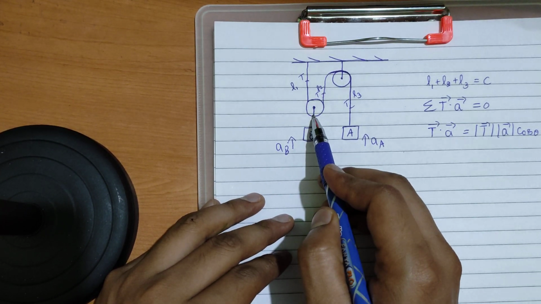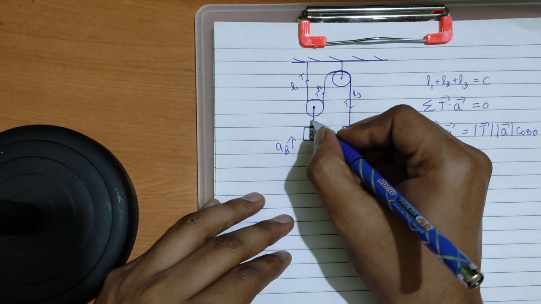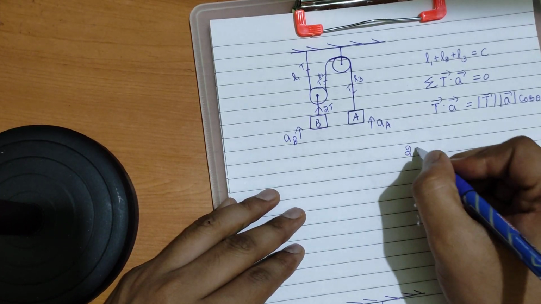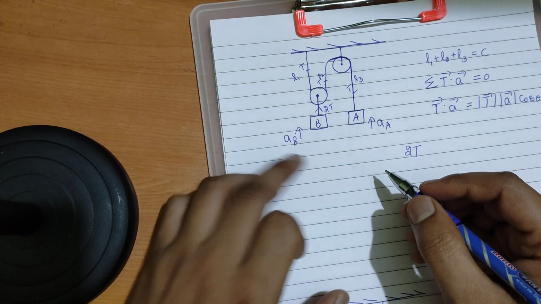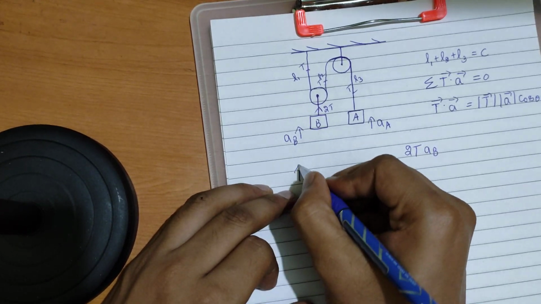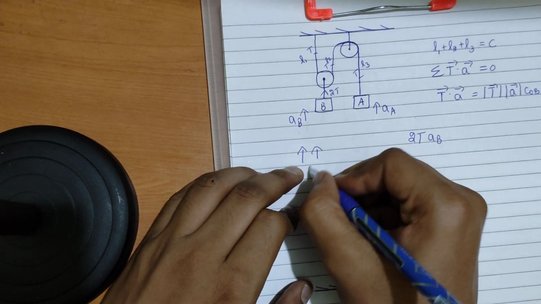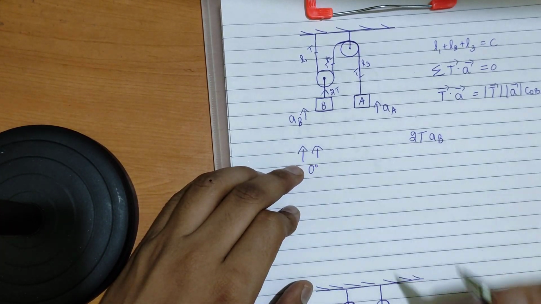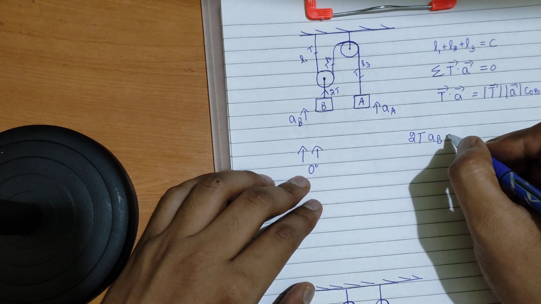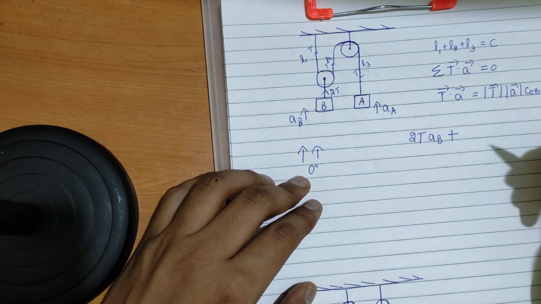Now we can see here the tension T. The same pulley has been connected with two strings of tension T, so here there will be a tension of 2T. Let's write the expression: 2T into acceleration A_B cos theta. Tension is in the upward direction, acceleration is in the upward direction, so theta is 0 degrees, cos 0 is 1. Since it is a sum, I am using plus.